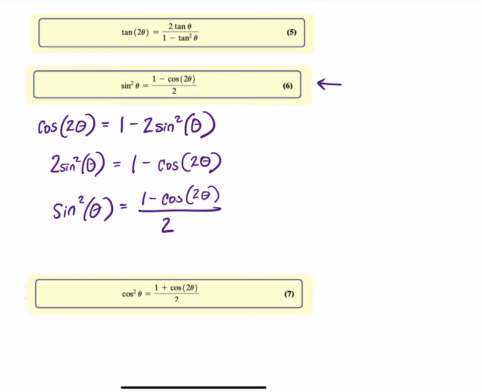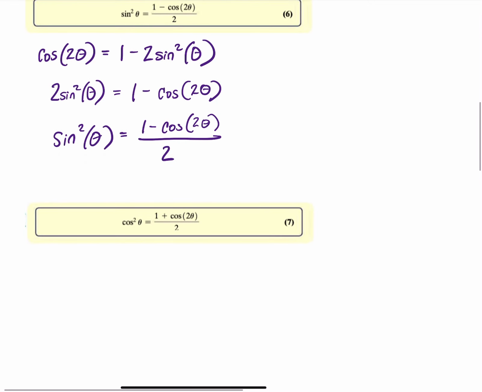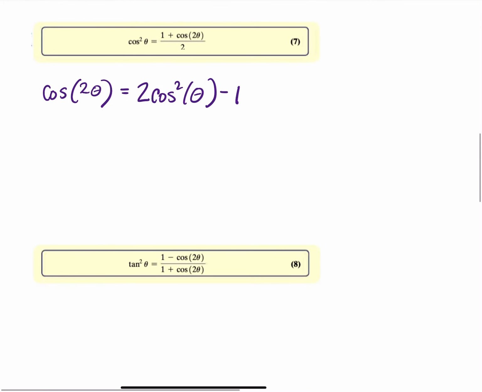We can do a similar thing too for the cosine. And the starting point is the same, starting with the cosine of 2 theta. But let's use the definition involving cosine squared. We said this was equal to 2 cosine squared theta minus 1. So let's solve this one for cosine squared.